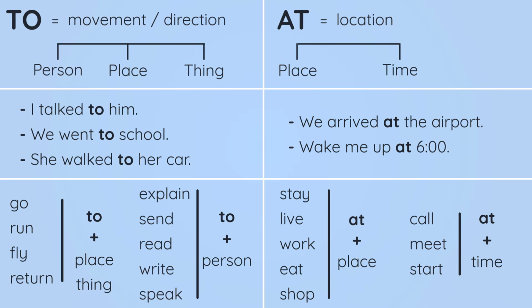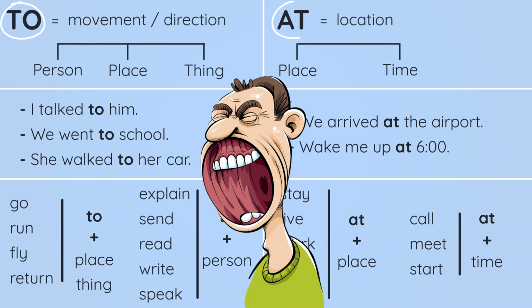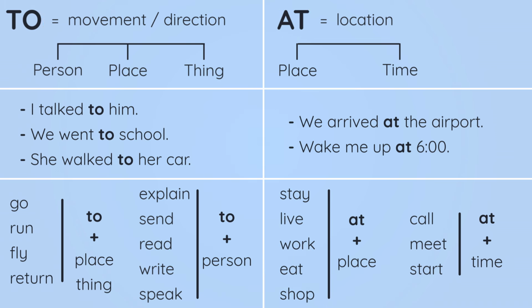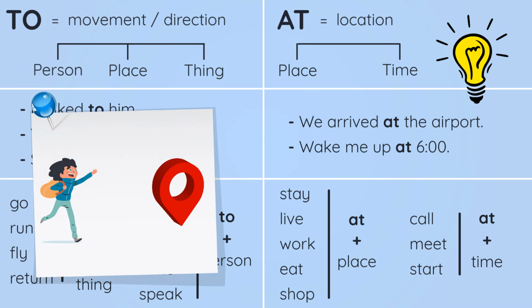In this lesson, you'll learn the difference between two commonly confused prepositions, which are to and at. So, the thing to remember is that to always suggests movement or direction. To with movement. You're going to someone, to someplace, or towards something.